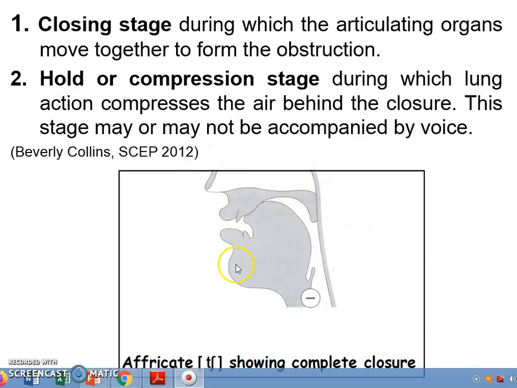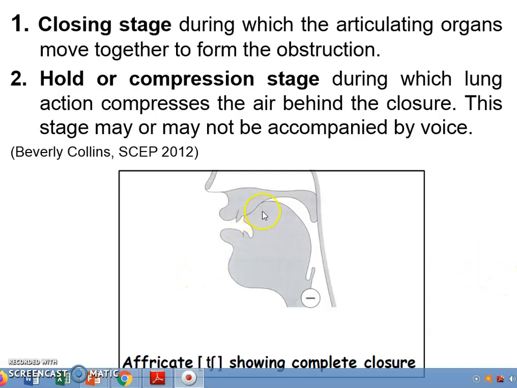If you pay attention to this figure, you can see the articulation of, in this case, ch, because we have a minus indicating that there is no vibration of the vocal cords. So there is complete closure there between the tip and blade of the tongue and the alveolar ridge, which form a stricture of complete closure.